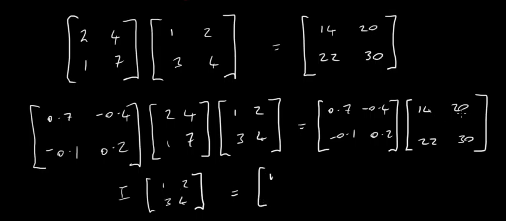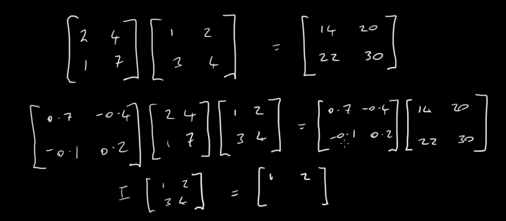Okay, so let's do this one over here. 0.7 times 20, and then minus 0.4 times 30, that's just going to give me 2, and that's exactly what we want, 2 here.